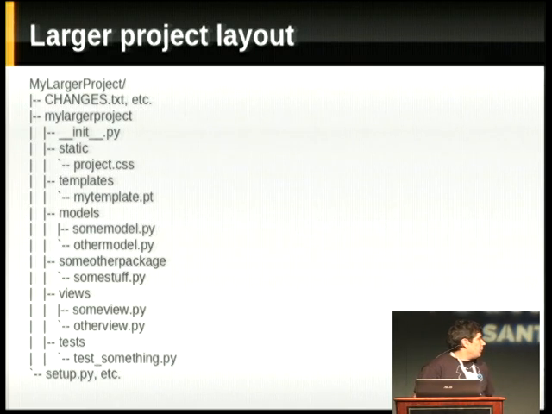Since we like to enforce 100% test compliance, we also usually have a tests directory. And maybe sometimes inside the views package or the models package, we have another tests package where you have all the tests for that section only. So this is merely a suggestion, but it can serve to get you going.